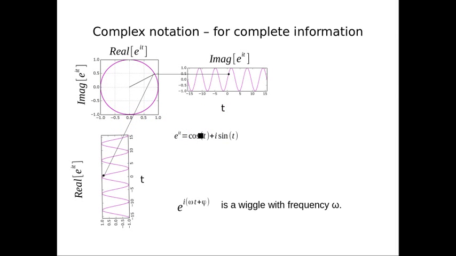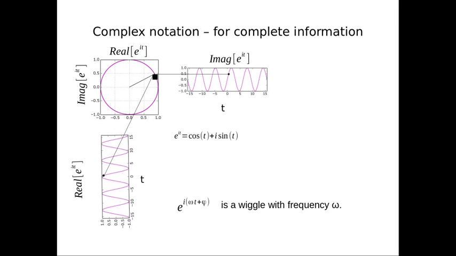Let's try to understand this a little more. So what we're going to do is take the real part of e to the it and the imaginary part of e to the it and plot them against each other. So this forms a circle in the complex plane. So as t increases, we go around this circle.